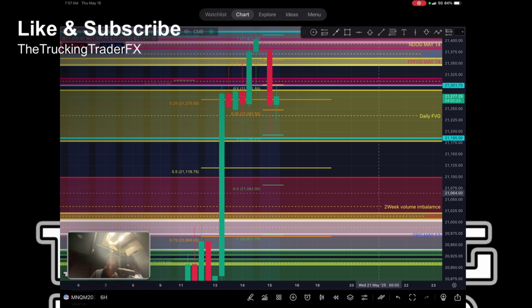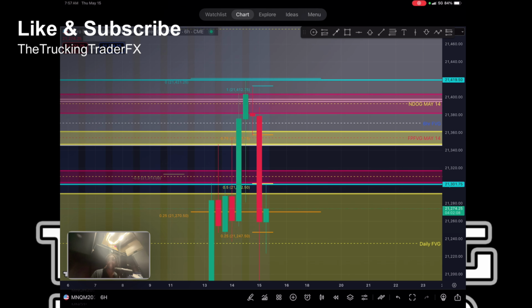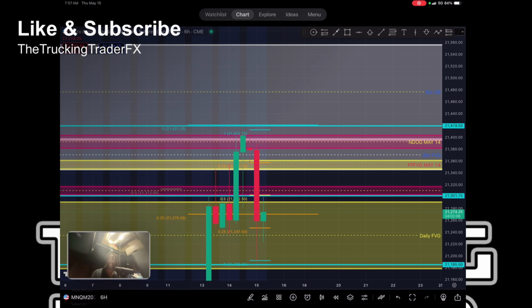Price could want to go down, right? Because we got liquidity at 185. Price could want to go to this midpoint at 122, right? That's not too far away from 185. But essentially, what we're really trying to keep our eye on is the midpoint of that 6-hour order block up there, right? So that's what we're going to be keeping our eye on.